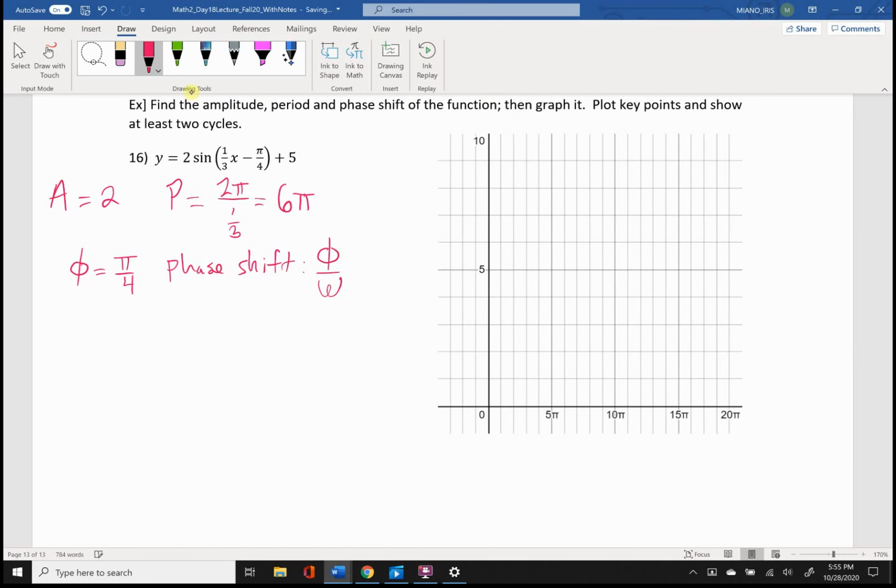And what was omega? Omega was 1/3, right? So therefore the phase shift is pi over 4 over 1/3, which, get your algebra hat on, that's going to be 3 pi over 4.